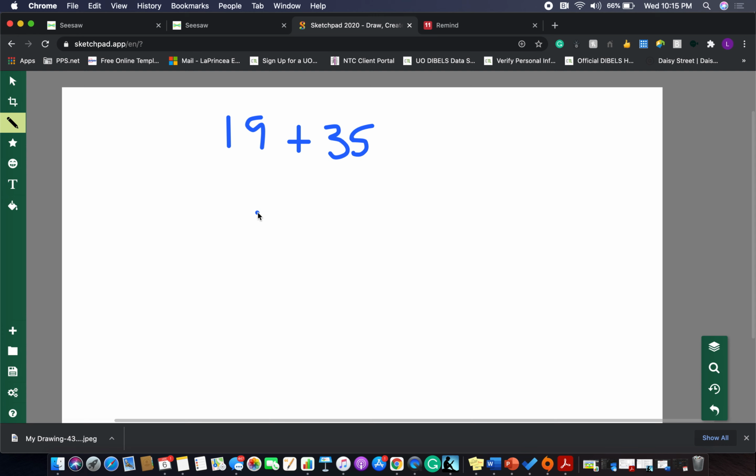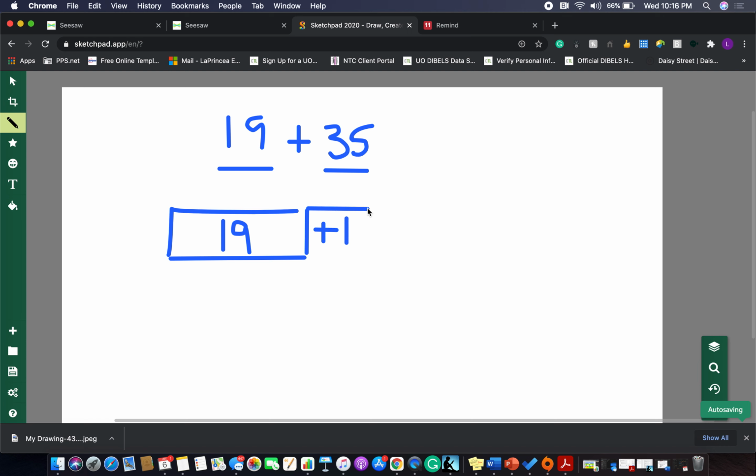First thing you're going to do is draw a tape diagram, and you're going to put the number 19 in it if you want to use that one first, and then ask yourself which one will make it to the next 10 quicker. 19. And how much does it need? It needs 1. I added 1 to the 19, which is going to make it a 20.